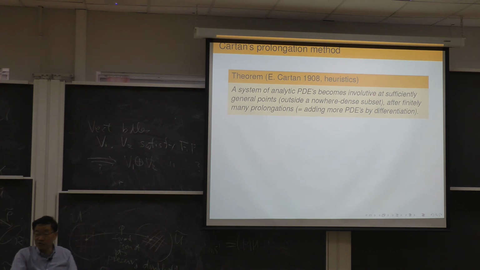If you exclude some special set, then it can be made involutive after prolongation. Prolongation means that when you are given a system of PDE, you take derivatives and add more equations. So what he says is that if you add more and more equations, and look at a sufficiently general point, then it becomes involutive.